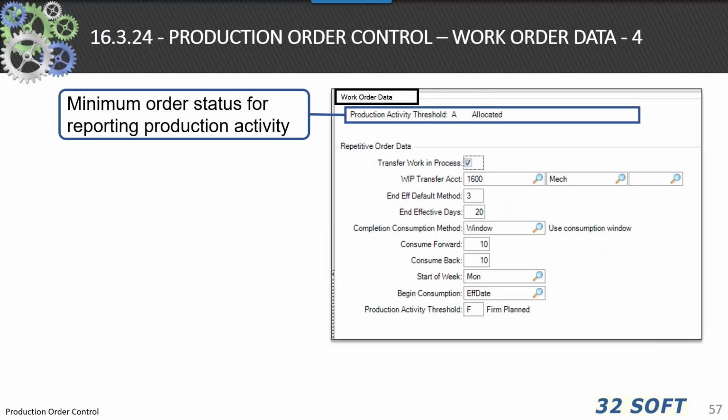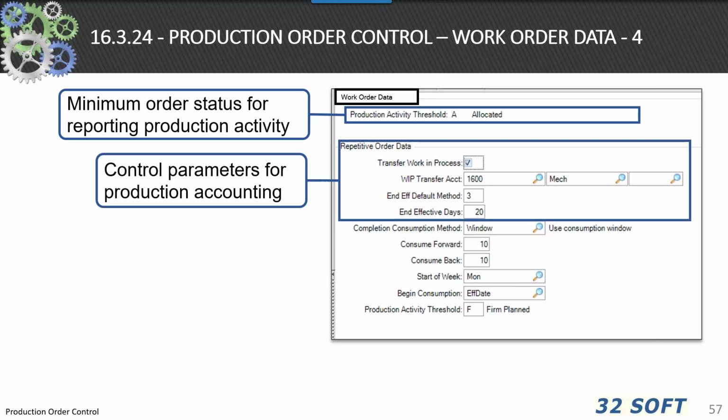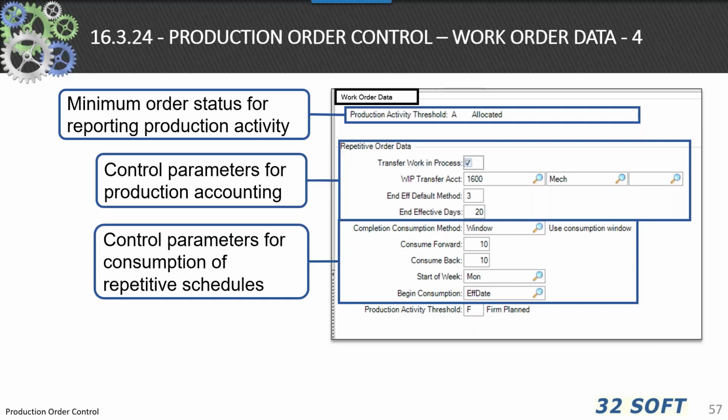There are work order and repetitive parameters. There's this new field threshold status that says this is the earliest status that must apply to a discrete production order before any activity can take place. There's a whole bunch of new orders for repetitive functionality and for consumption of repetitive.